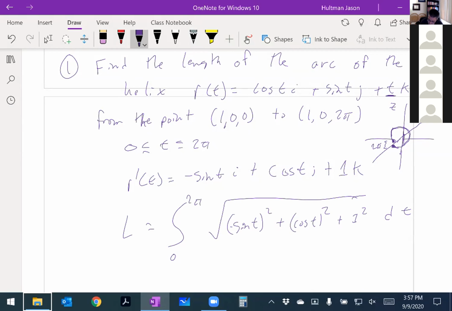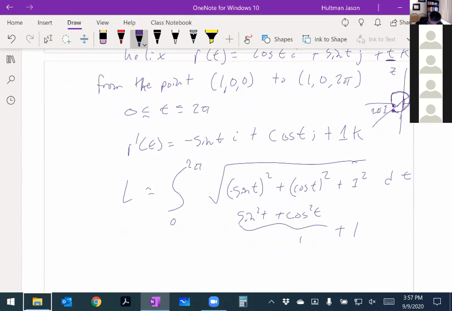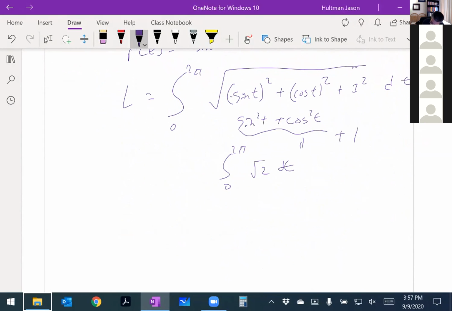Okay. So this becomes sine squared t plus cosine squared t, and that becomes 1, plus 1 squared, which is 1. So this becomes 2. This is just radical 2. Integral from 0 to 2 pi, dt, I should say. This is going to be radical 2 t, evaluated from 0 to 2 pi.